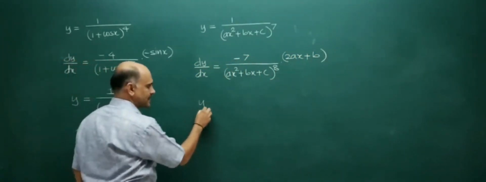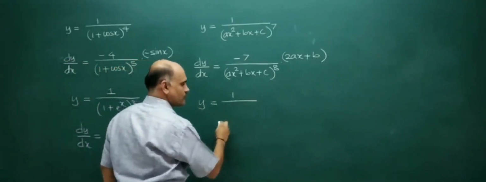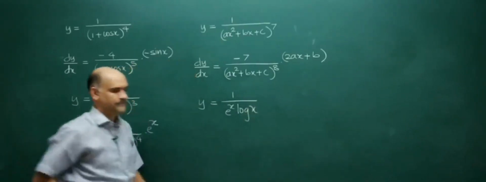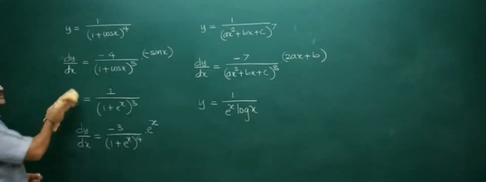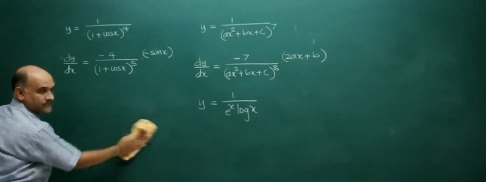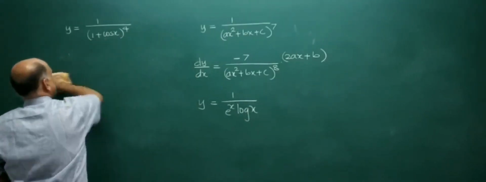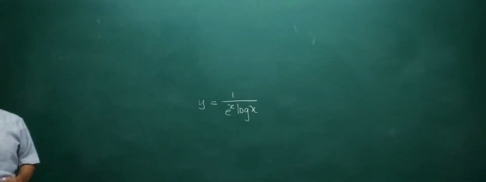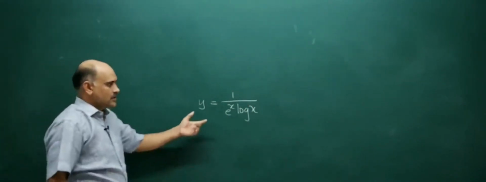So similarly you can try this one: 1 by e raised to x into log x. So you can even use the first method, that is you can apply u by v, or you can use the second method, that is 1 by x raised to n. So here this whole term I will write in a bracket, power 1 I can take.